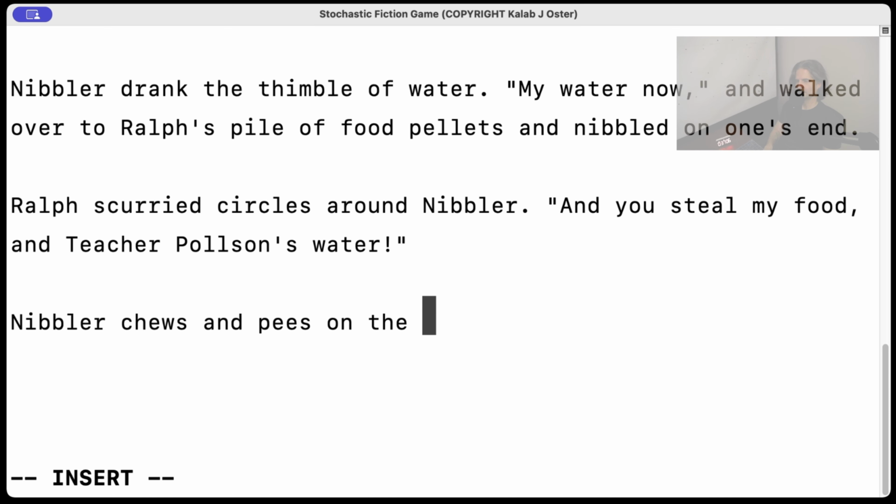And peed on the, what do they have, like the little wood flakes, if I remember, for hamsters to make it soft and hide the poo and absorb the pee. Like shavings of some wood flakes, maybe. The wood flakes.